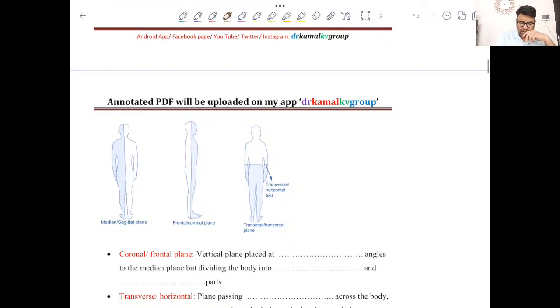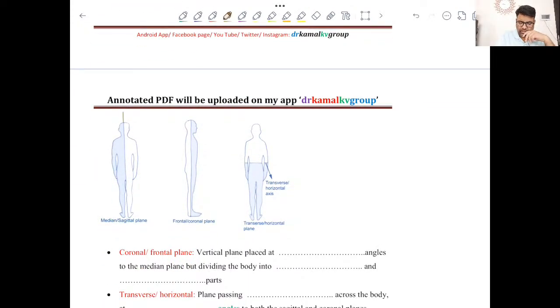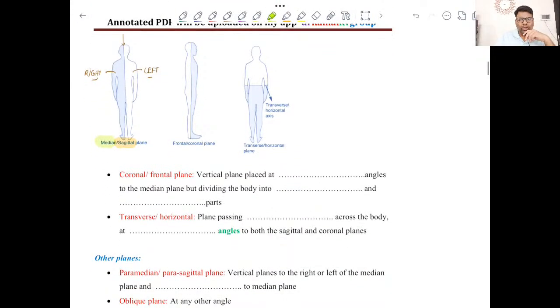Clear? If you look here, we are passing this plane something like this, so that this is the left half of the person and this one is the right half. Now if it is exactly through the middle of the body, we will call it the mid sagittal or the median plane. Now this is one plane.